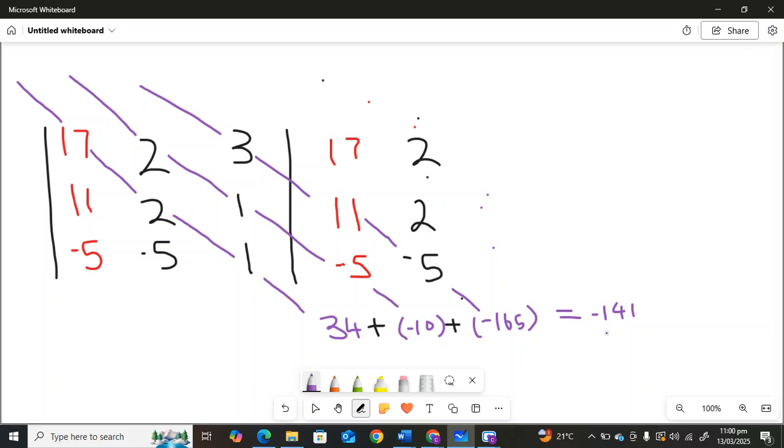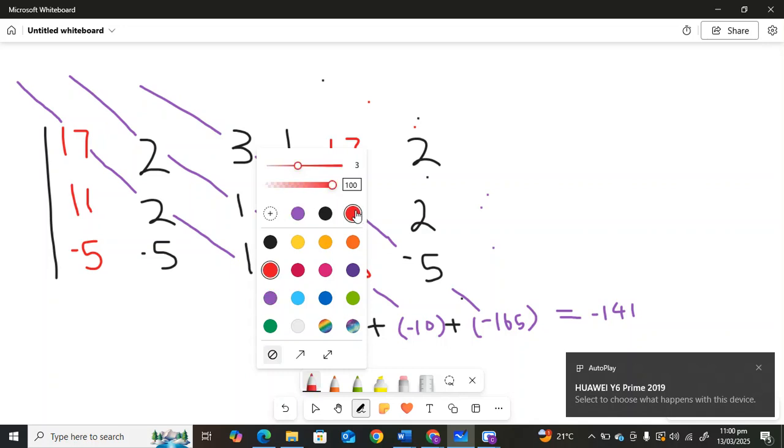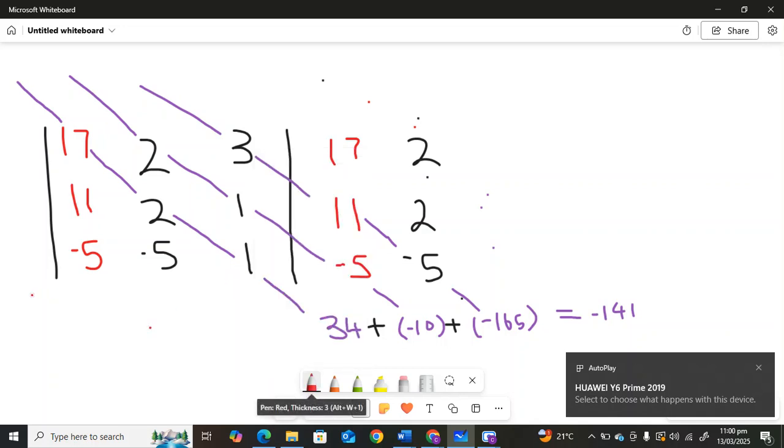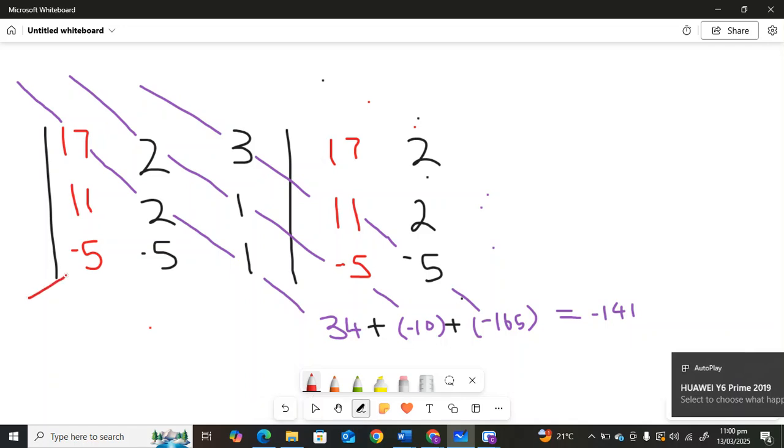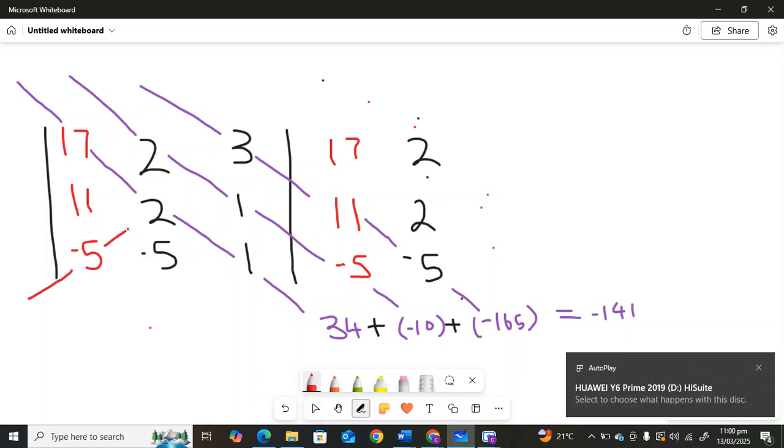Then we start with the trailing diagonal. So let's come to the bottom number. You say negative 5 times 2, negative 10.